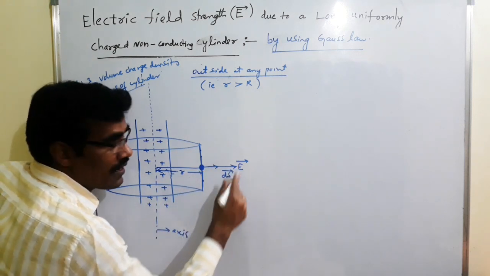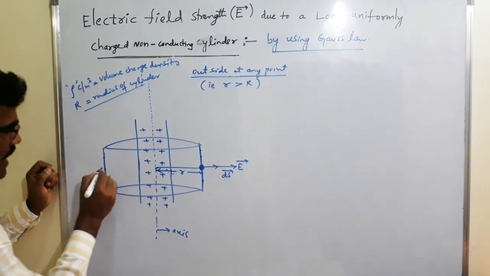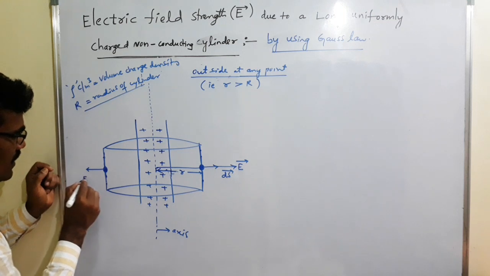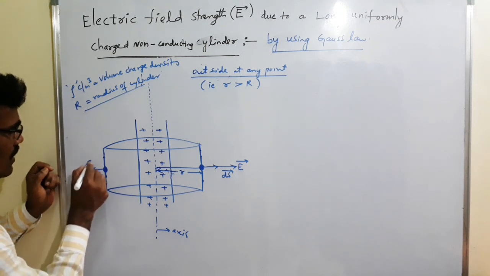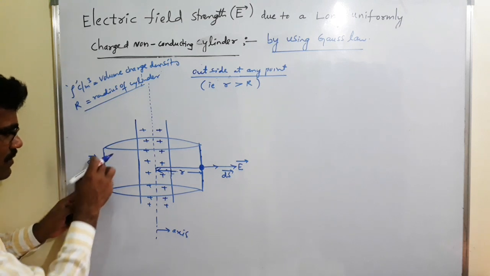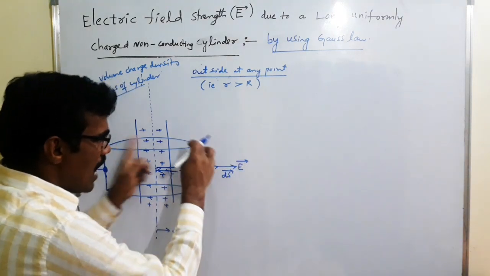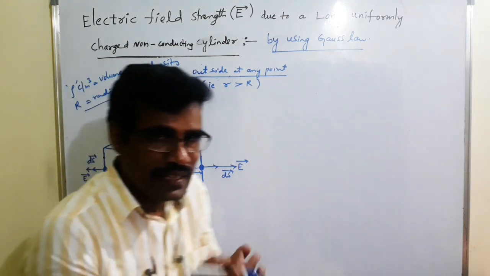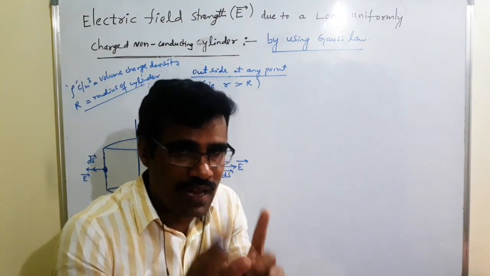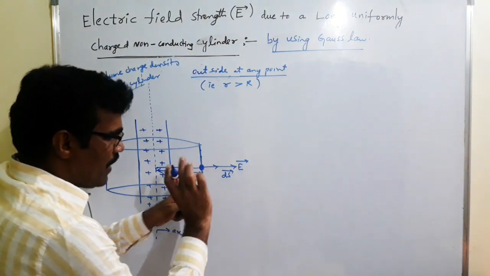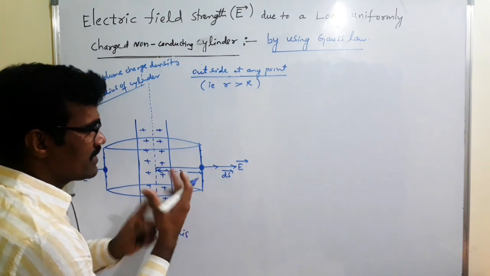E bar and ds bar are in the same direction, so the angle between E bar and ds bar is 0. On the curved surface, at every point, the angle between E bar and ds bar is 0. So the flux through the curved surface is there.